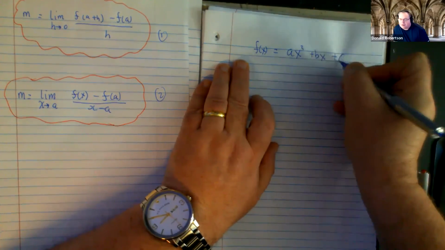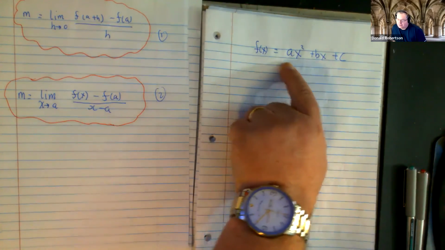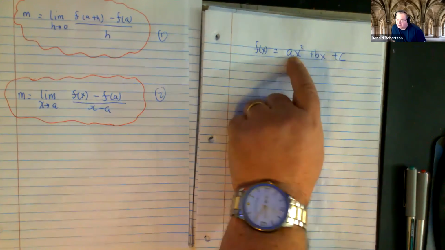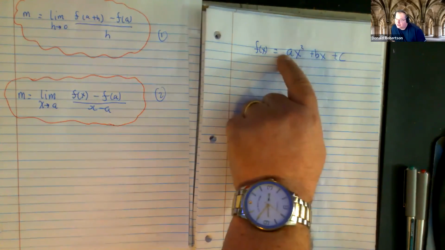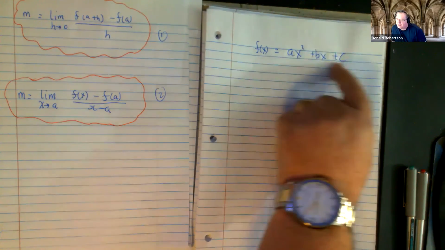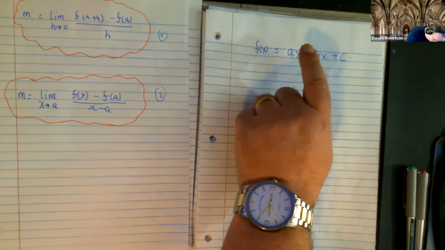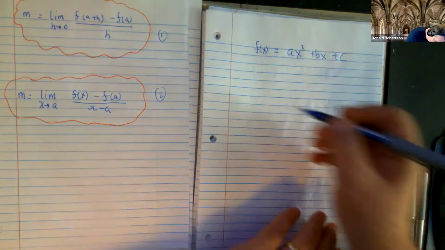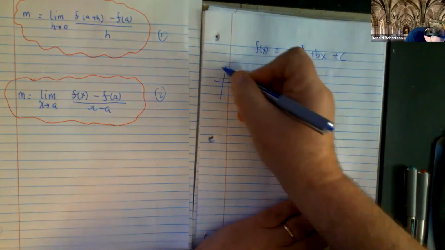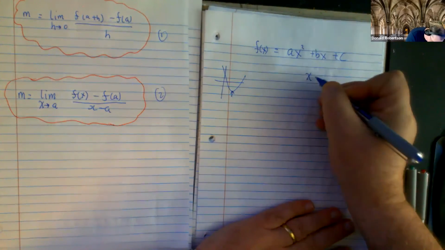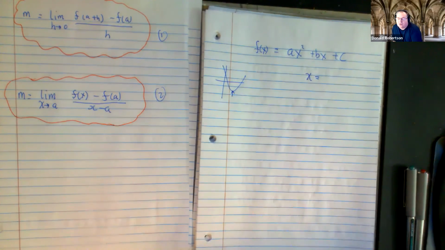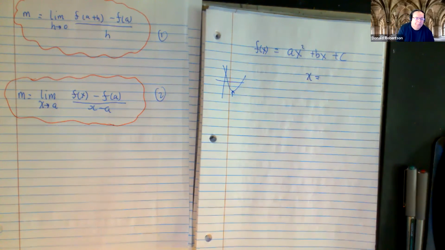Can you remember the quadratic formula, right? AX squared plus BX plus C. Wouldn't that represent every quadratic in the universe, right? A different A, B, and C, you've got it. Does anybody remember the formula for the X coordinate of a quadratic? I know it's ages ago, but does anybody remember it?